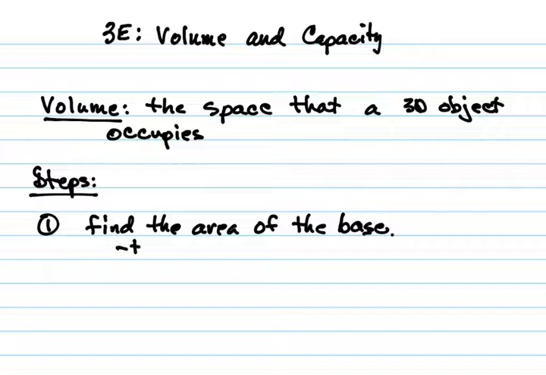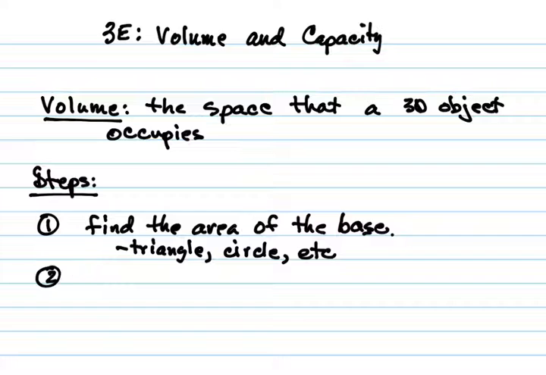That could be a triangle. It could be a circle, etc. But you're going to see some shape that you can find the area of using the formulas that we've used in the past. All right? Then we're simply going to multiply that area times the length of the object.